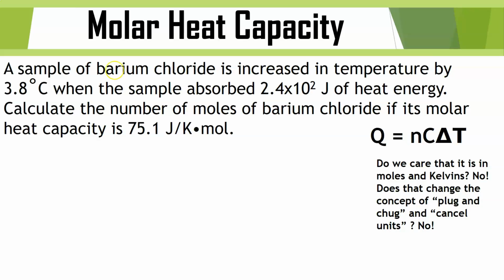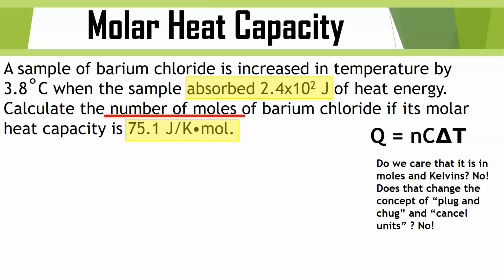So let's try to find these variables. Q, it tells me we absorbed 2.4 times 10 to the 2 joules. n is number of moles. We don't know what that is. That's what we're solving for. The heat capacity this time is a molar heat capacity right here.